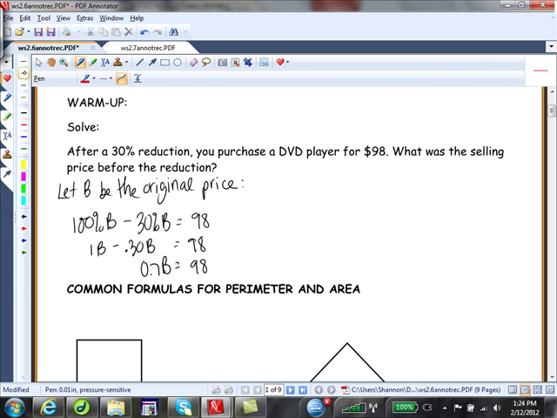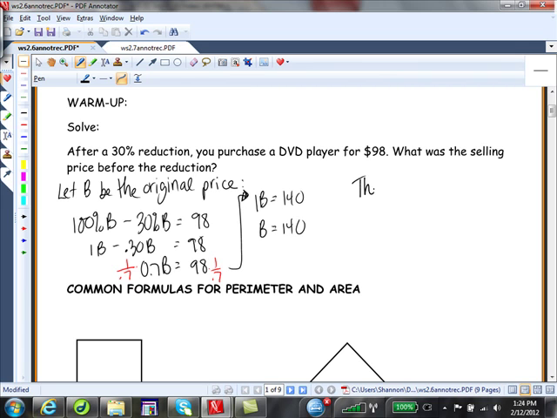If we are to multiply by 1 over 0.7 on both sides, or divide both sides by 0.7, we would have 1b is equal to 140, so b is equal to 140.